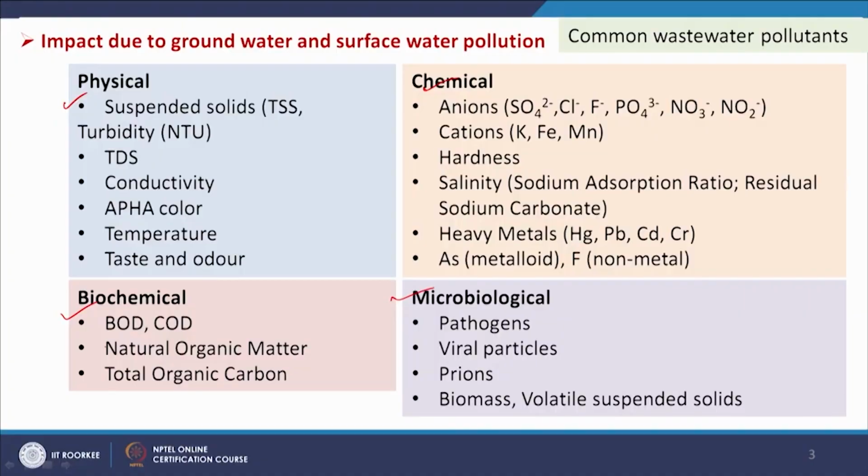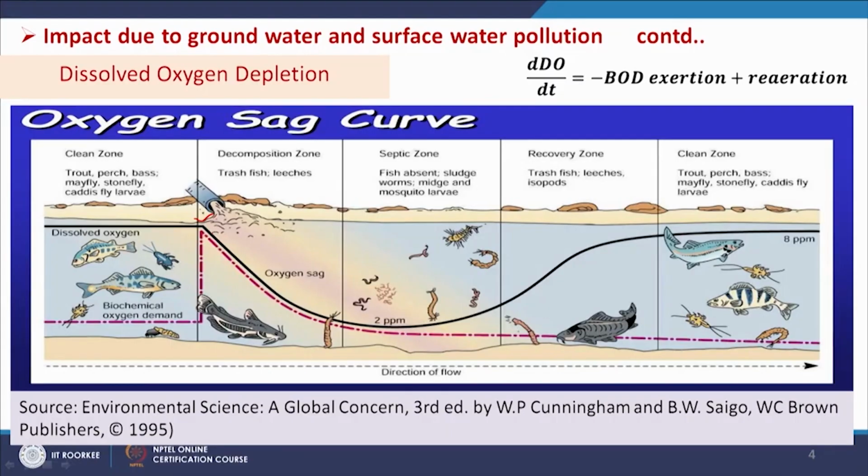At first we will discuss the impact due to groundwater and surface water pollution, and out of the different parameters, the biological parameter BOD is very important, BOD and COD particularly for surface water, like river water, canal water etc. Because you see here in this graph, if the wastewater, that is the sewage from the domestic sector, gets entry into the river stream at this point, then immediately it will have some impact on the water quality.